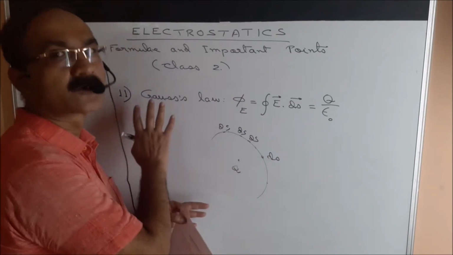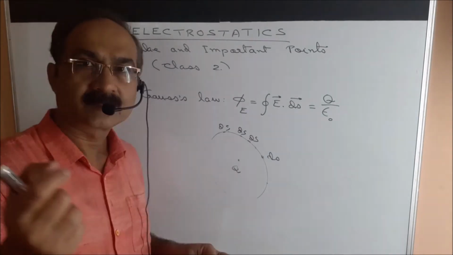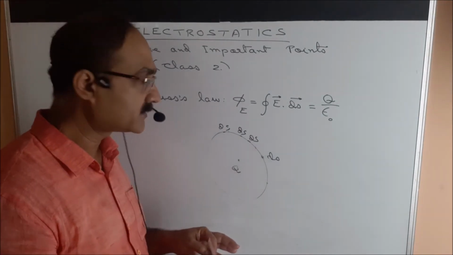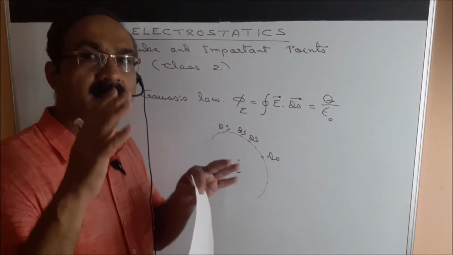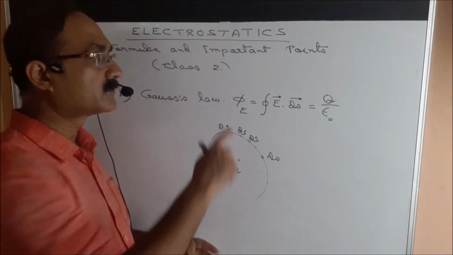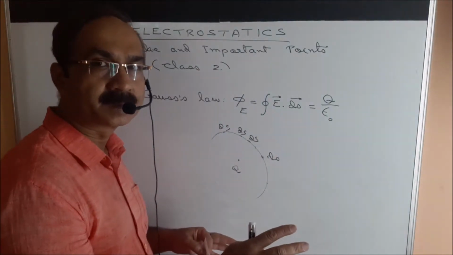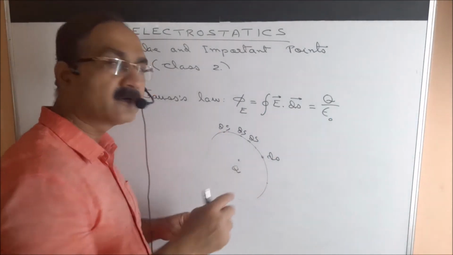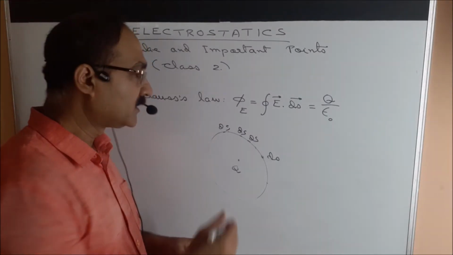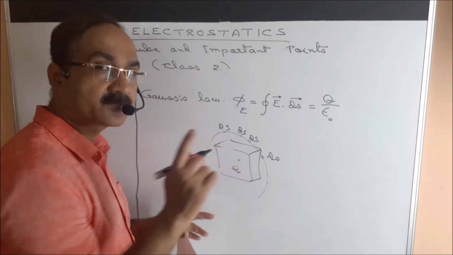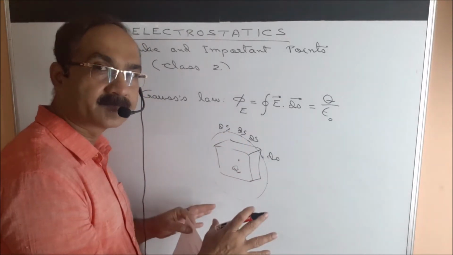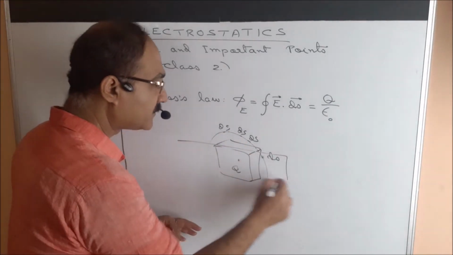This is Gauss's law. The point we should note here is that this surface need not be a spherical surface for this formula to be true. This surface can be of any shape. It has to be three-dimensional, so it can be a cuboid. It can be a parallelepiped.